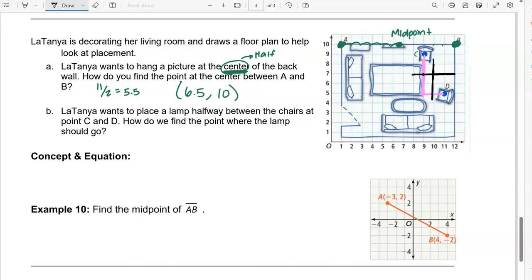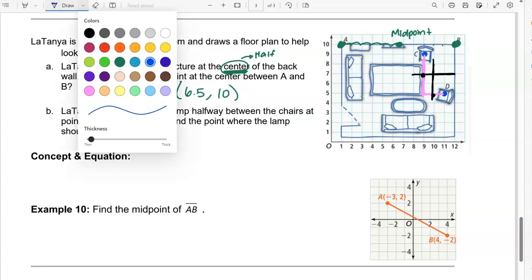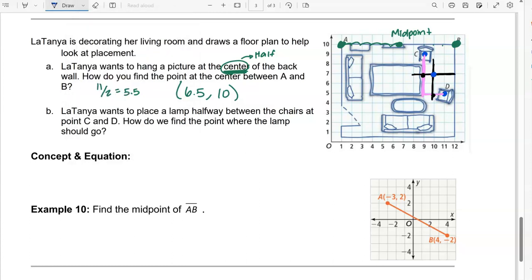Halfway between 4 is 2 at the top, 2 at the bottom for our C. And then going across at the bottom, halfway with 2, is 1 on both the left and the right. This would make our midway point right here at point 10, 7.